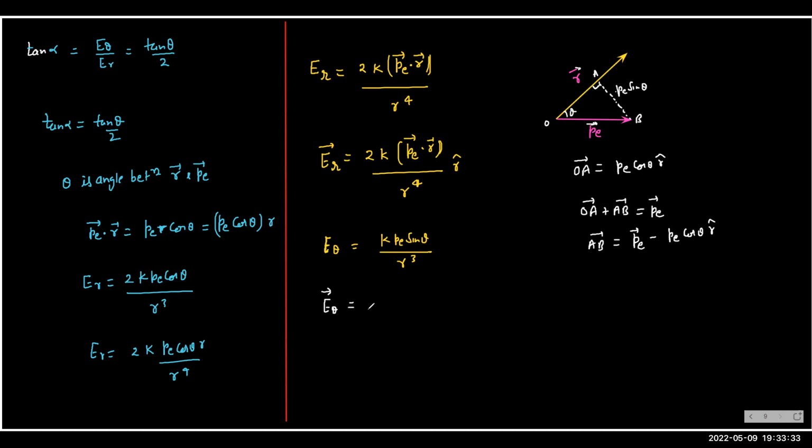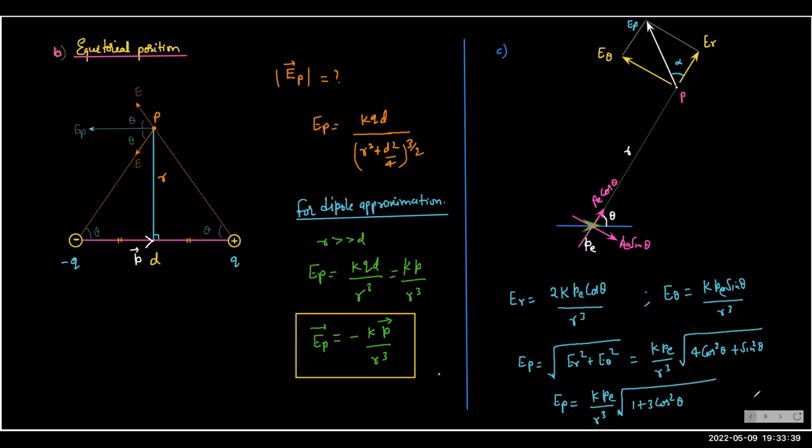So if you want to write the p sin theta in the vector notation, we know that the E theta will have a direction. So how to write this direction? That's very interesting. We know how to write the direction of E r because that's in r vector, r cap.